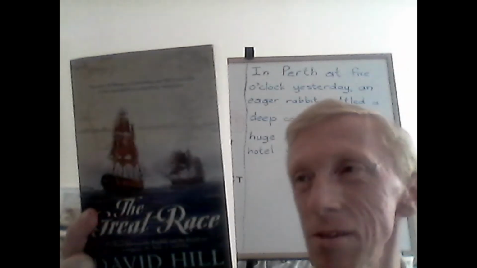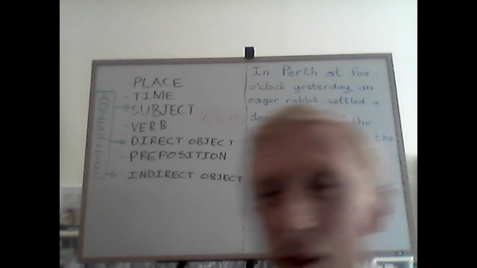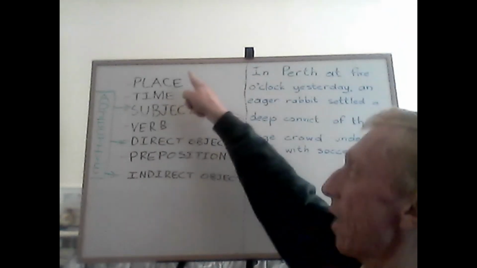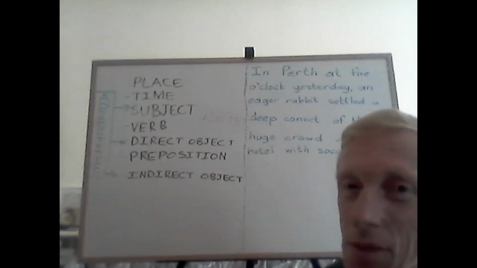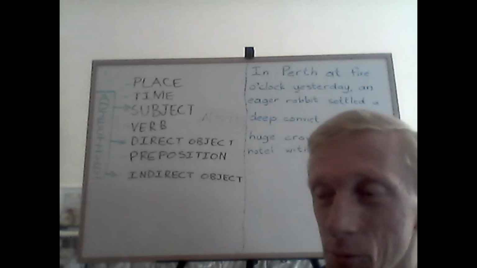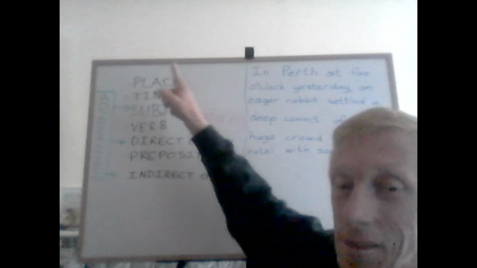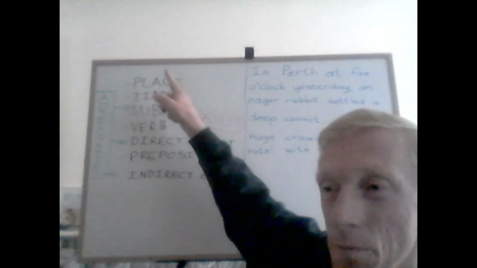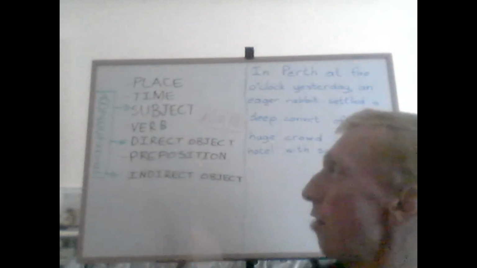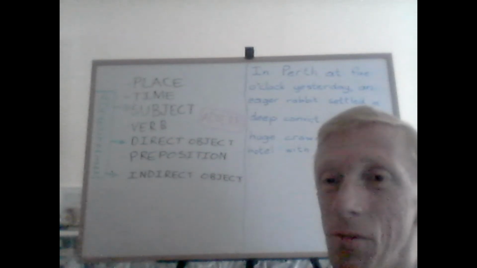So let's now take this book and find an adverb. Now the adverb could go in a couple of places. Watch Advert with Adverbs for more information, but it could go at the start of the sentence, followed by a comma, or it could go straight after the verb.